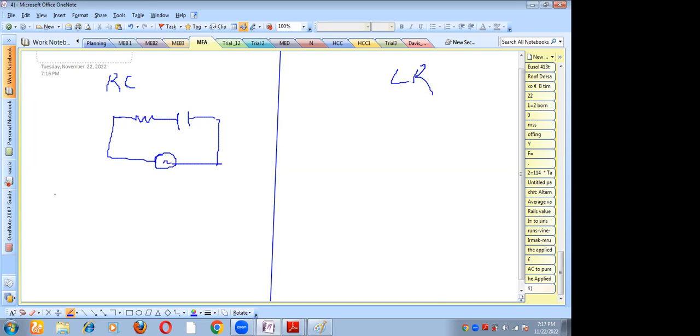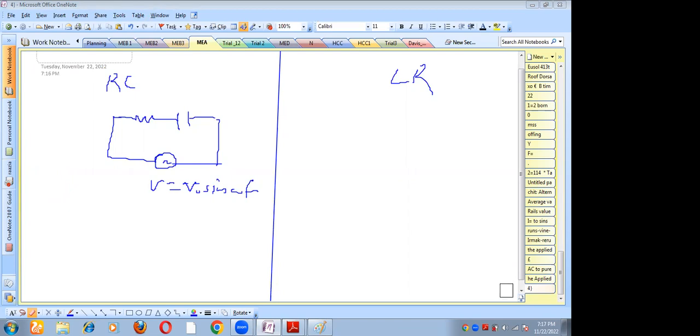In the same fashion, here what we will do, suppose voltage V is equal to V naught sin omega t. Obviously, in an RC circuit, will current lead or lag? I am asking in an RC circuit.